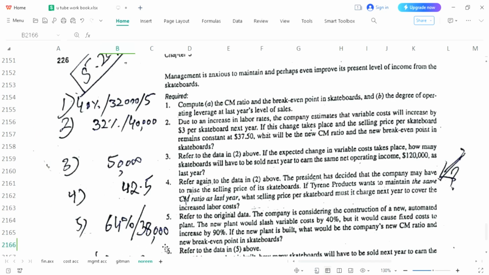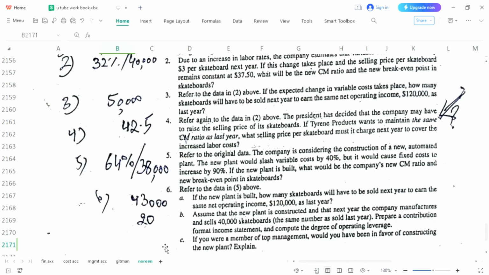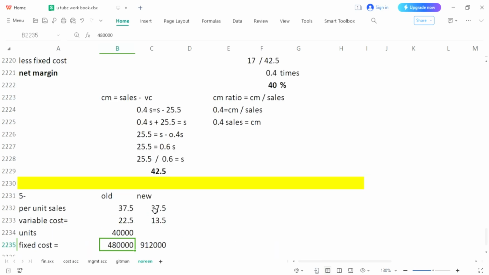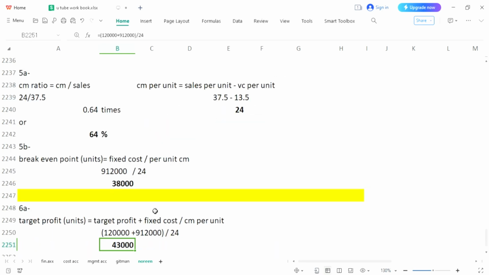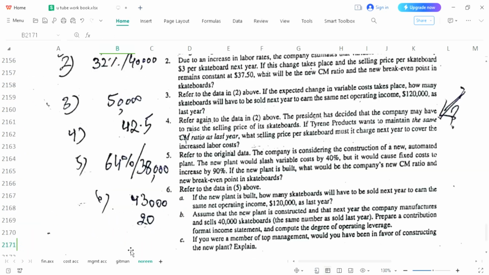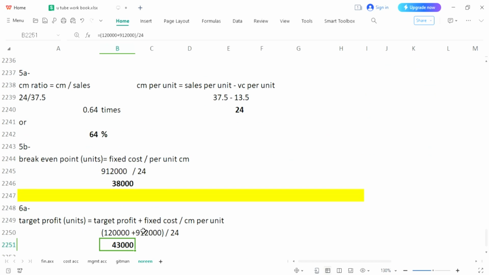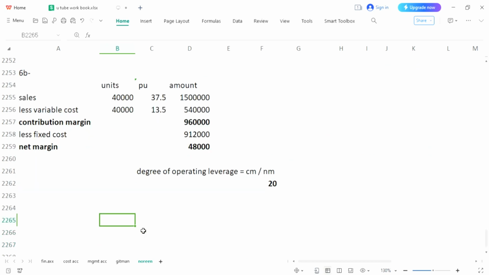After which we have the sixth part. Sixth A was having 43,000. 6A highlighted, 43,000. 6A is completed. Then 6B, 20. Here you have calculated 6B and the answer is mentioned, 20.